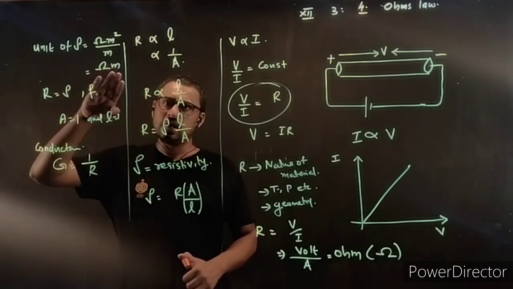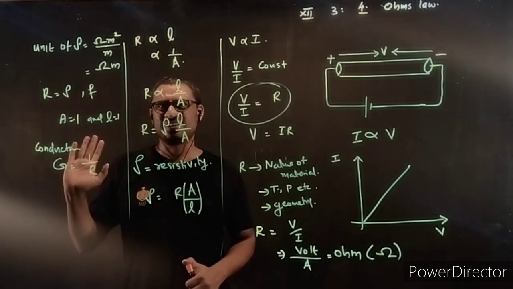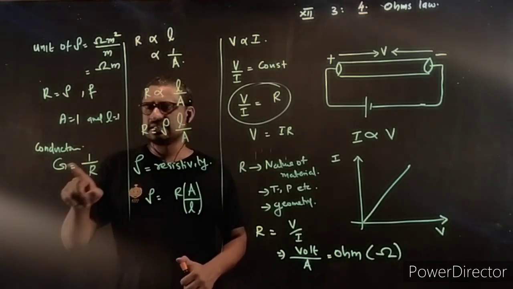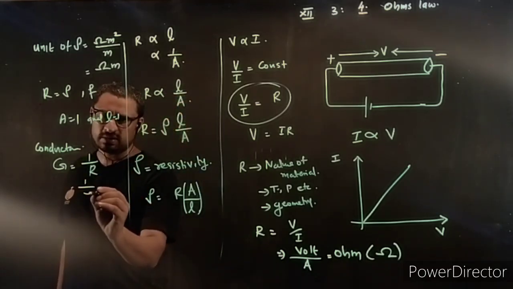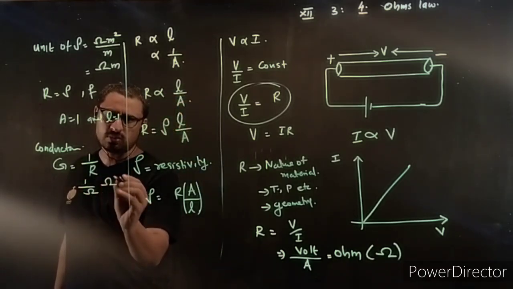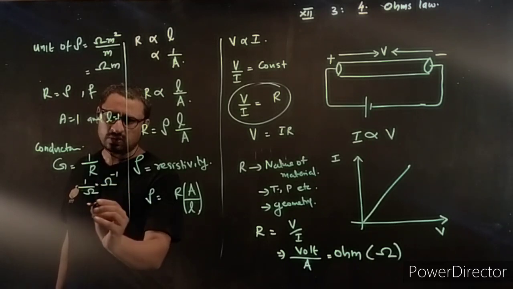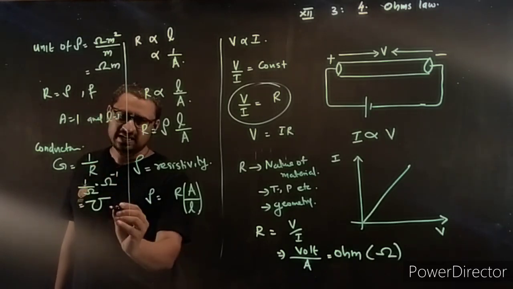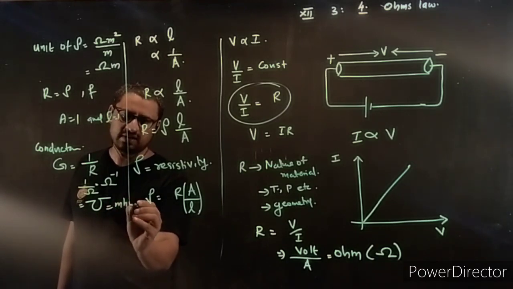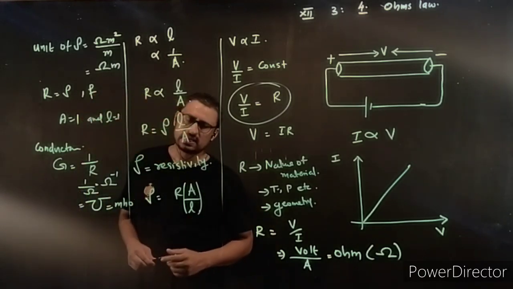Good conductor with low opposition, that's all. So conductance is the reciprocal of resistance. So the unit of conductance will be 1 by ohm, or otherwise ohm raised to minus 1, or otherwise like this, mho. All those are the names for the unit of conductance.